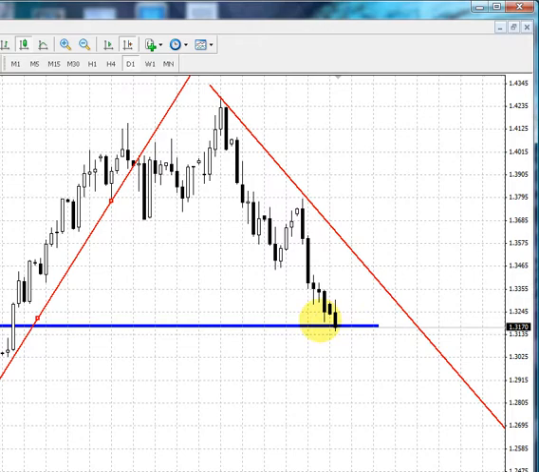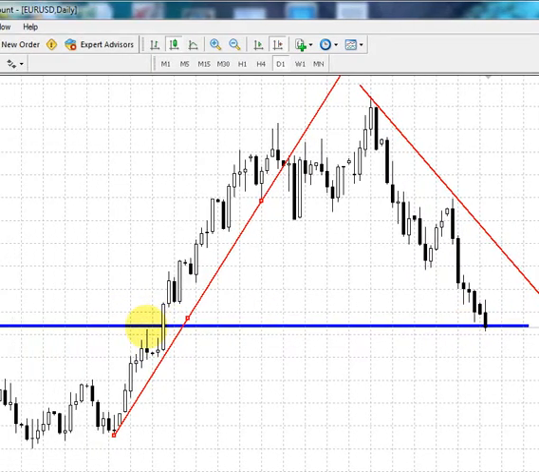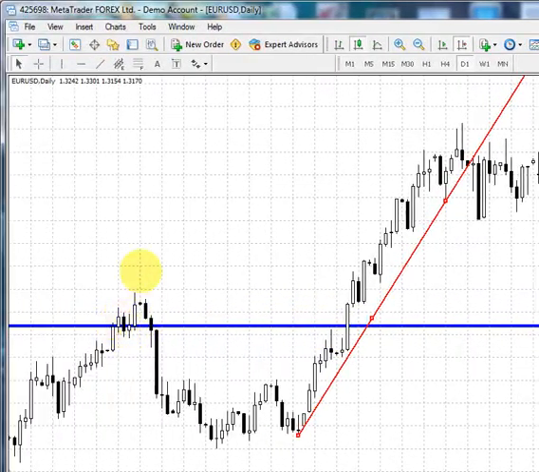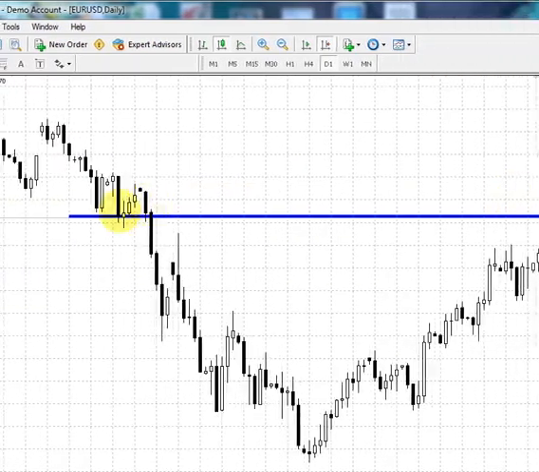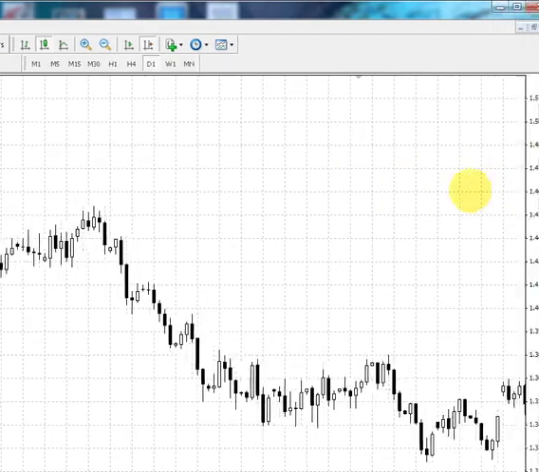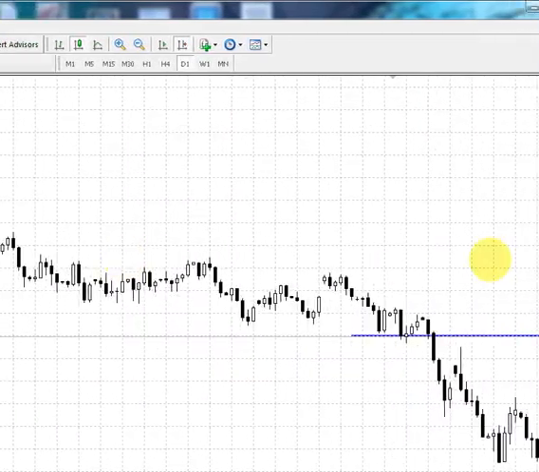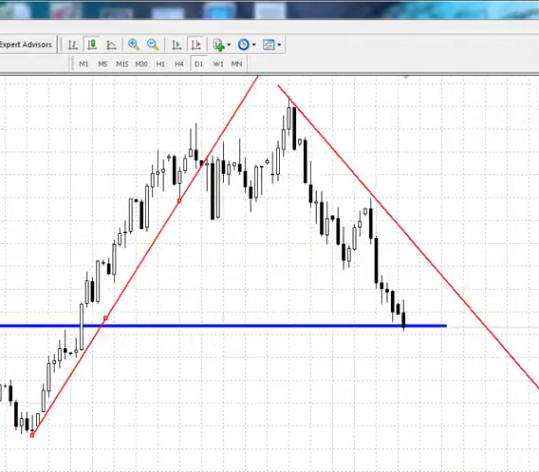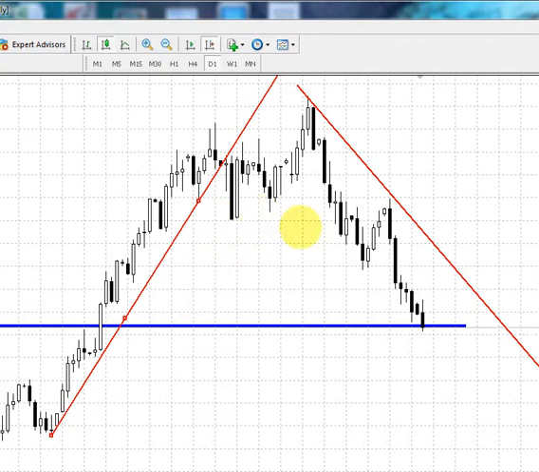You can see here it's bounced off this, here it's bounced off it, around here it's bounced off it a few times. If we go back, it's bounced off it here, and I'm sure if we kept going back we would see other bounces in the past. So that's a potential pivot point, support resistance line.